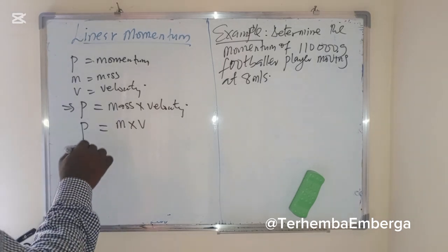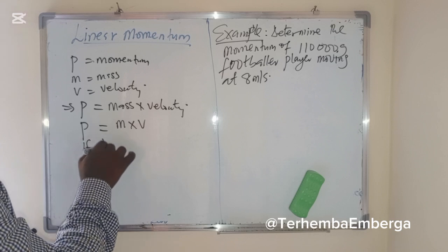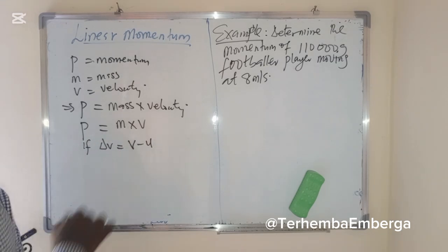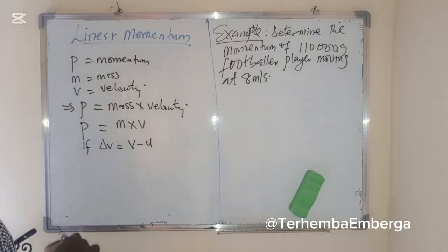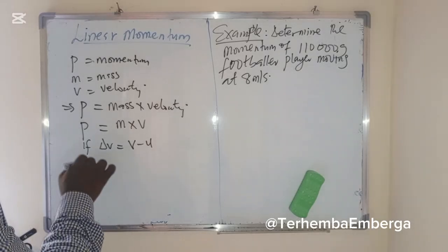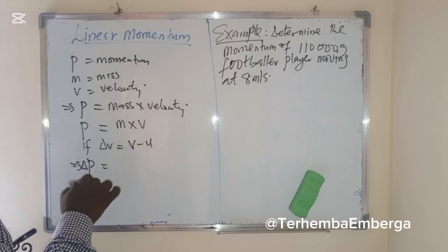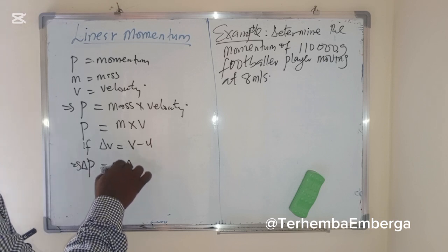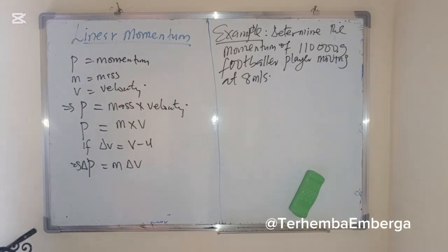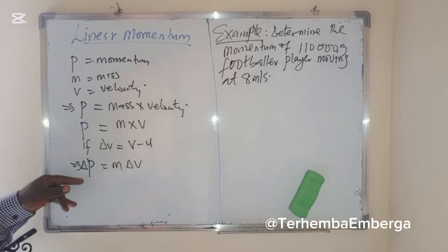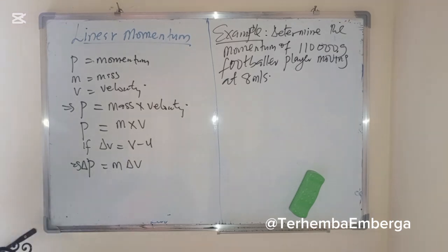So if delta V is V minus U, that's a change. So we can say that change in P is equal to M change in V. That is when there's a change in velocity, momentum will always have a change, or there will be a change in momentum.